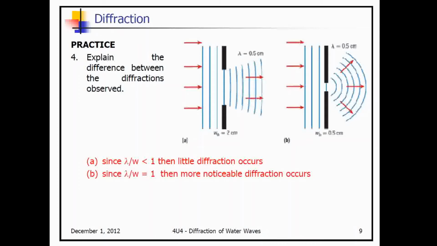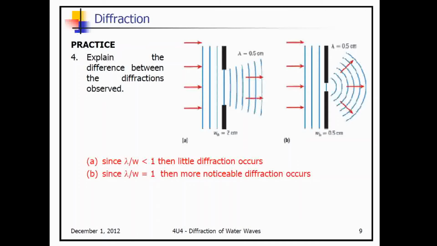So on this slide it says to explain the difference between the diffractions observed. We have the same type of wave. The width is 2 centimeters in one, and it's 0.5 centimeters in the other. The lambda for both is 0.5 centimeters.